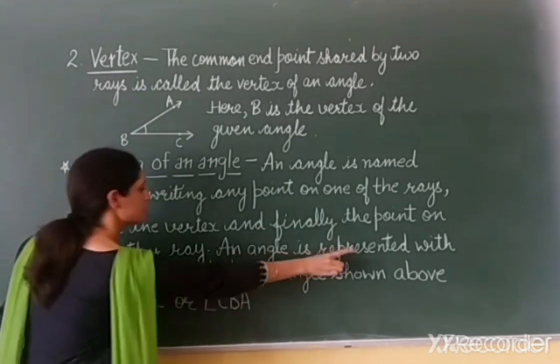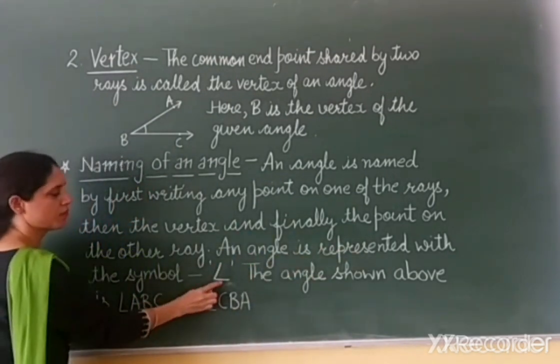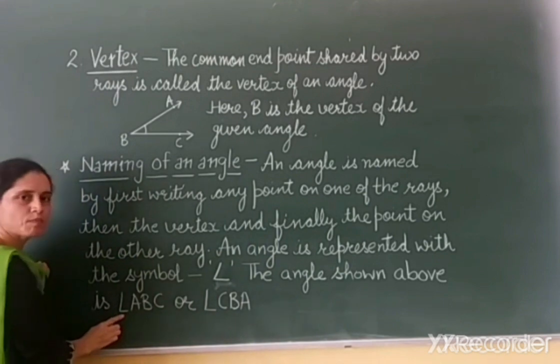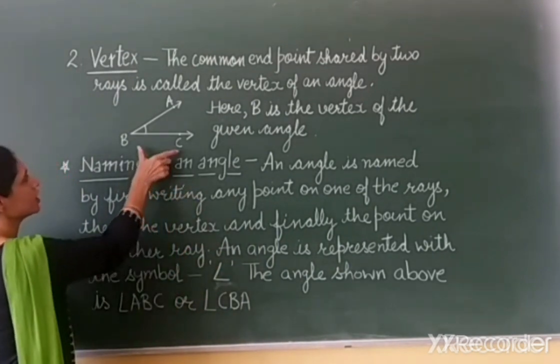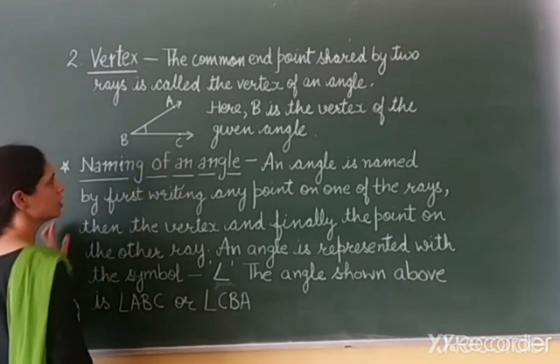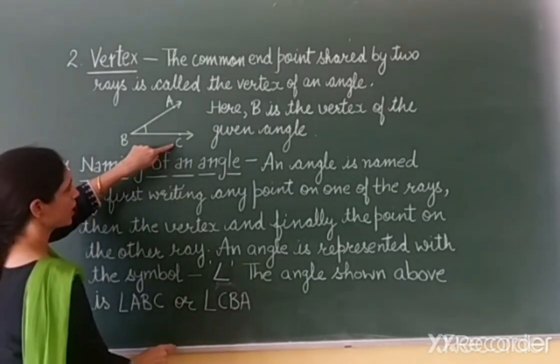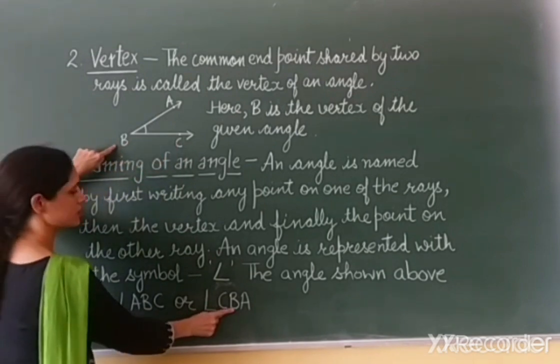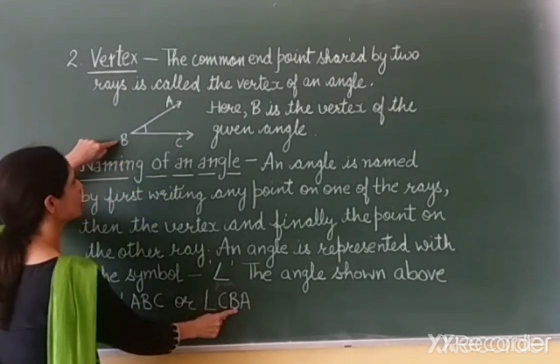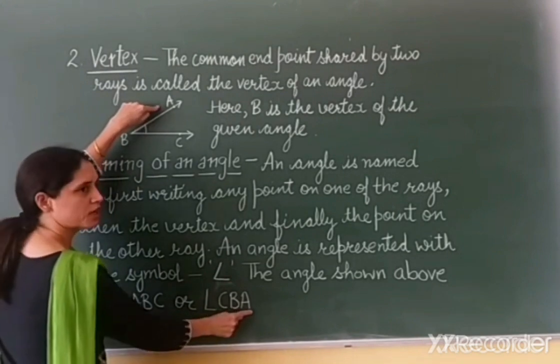An angle is represented by this symbol. So this is the symbol of an angle. Or if I take the ray BC first, then we will write down point C. After this we will write down vertex B, and finally the point on the other ray.